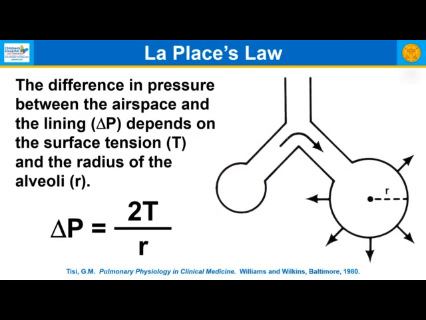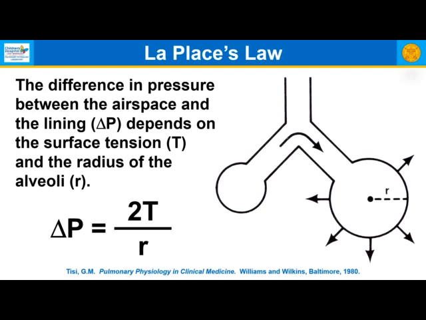Now there is a principle called Laplace's law, which says that if we have, for example, a structure with two spheres, but they're both connected to the same pressure source here, right? The difference in pressure between the airspace and the lining depends on the surface tension, which can be measured, and the radius.